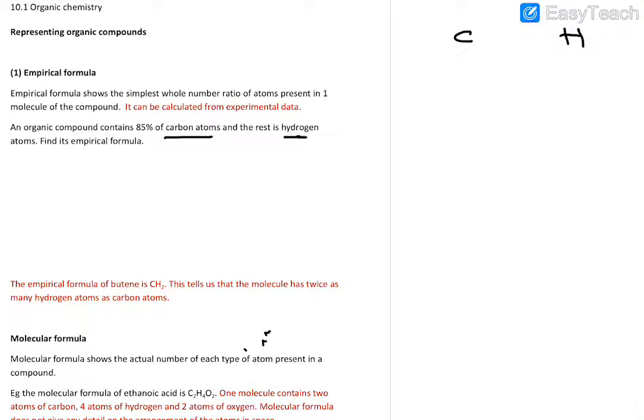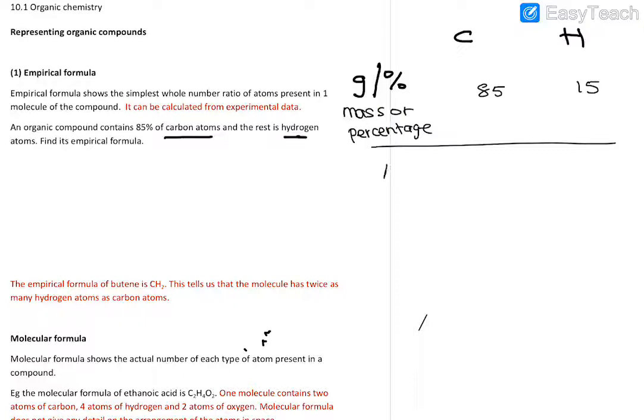So for you to find the empirical formula, you first write the percentage or the mass. Then you write the AR value. And then you do mass or percentage divided by AR.